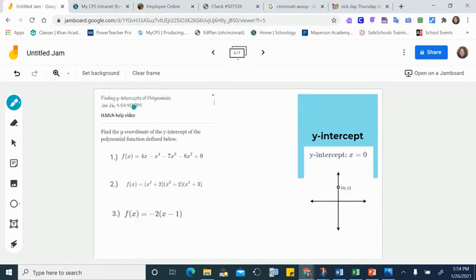Now let's talk about y-intercepts. Now this is easy peasy, right? The y-intercept is just asking, does your graph cross the y-axis? Whatever it does before and after is not what we're asking about for this question. We're only asking about where it crosses the y-axis. And remember that on that y-intercept, your x will be 0.